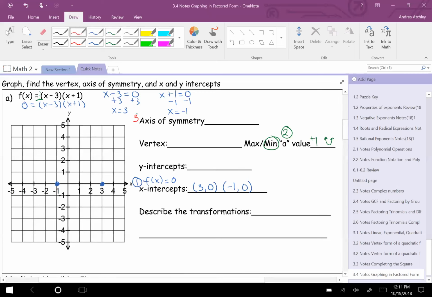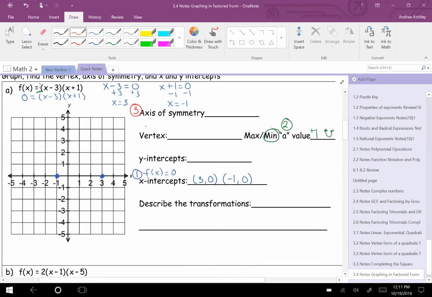Step 3 now is find the axis of symmetry. Remember, the axis of symmetry divides my parabola in half. So it is in the middle. It's in the middle of the x-intercepts.